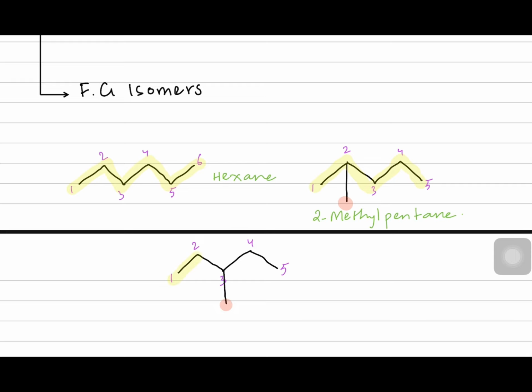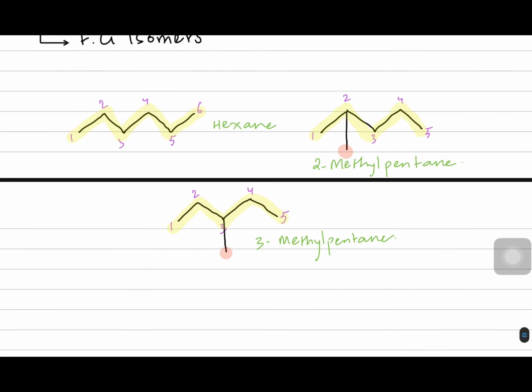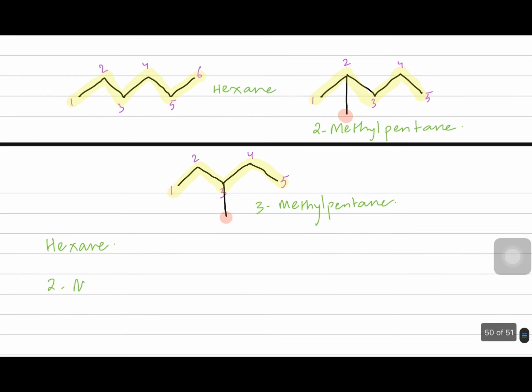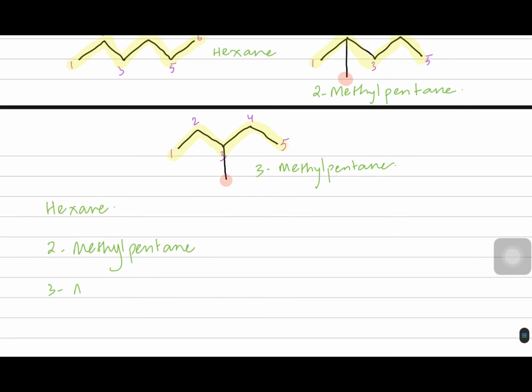It's a 5 carbon chain, but this time it would be called 3-methyl pentane. In order for you to understand it better, I am going to write their structural formula. For hexane, for 2-methyl pentane, and then I will write it for 3-methyl pentane.